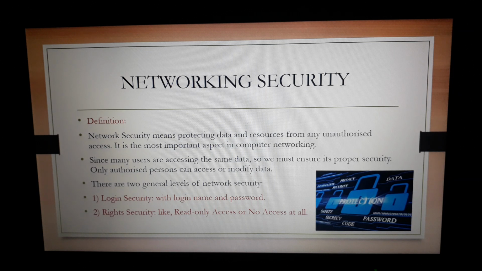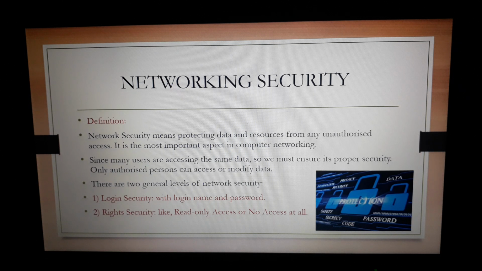So it creates a big difficulty. So it is better that you set high security, so that it is not possible for anyone to access and make any unnecessary changes in your important data.